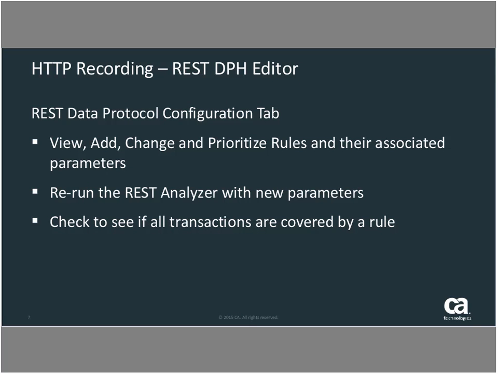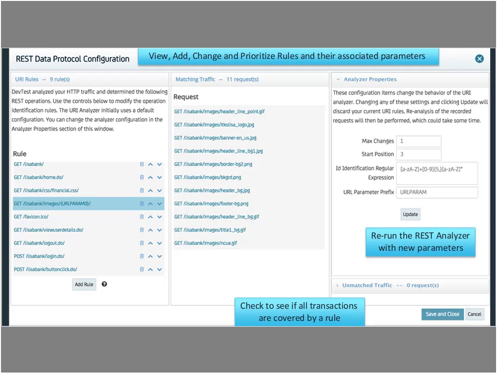So what we do now, instead of just changing things, is we allow you to go and change things for yourself. You can see now in the REST data protocol configuration, after recording, the rules that we created. The list on the left side of the screen is the rules we created based on the recording.